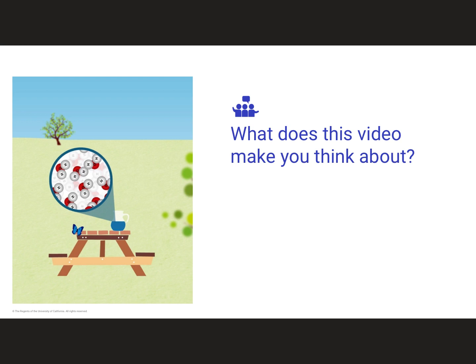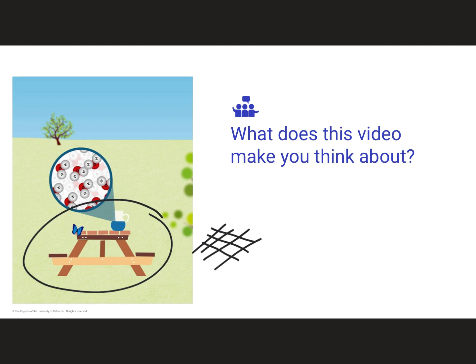For example, if you looked at a big scale, you might see the whole picnic table. But maybe if you use a microscope, you might see the wood grains in the table. But then if you look even closer, you might see the atoms that make up the wood grains.